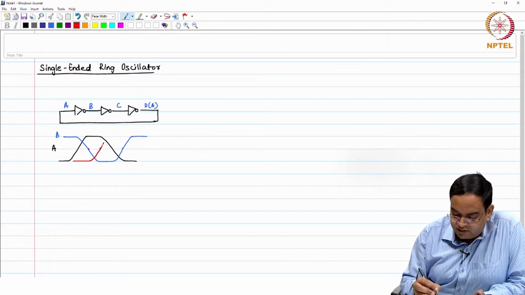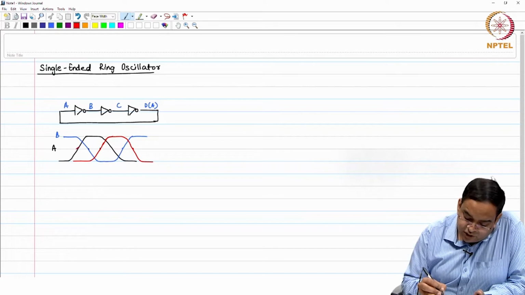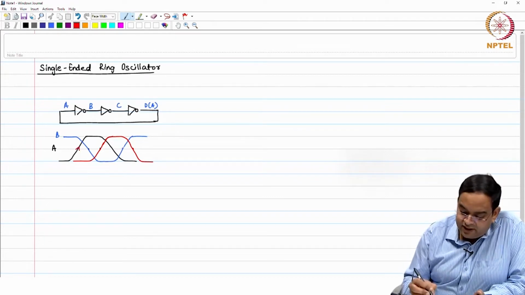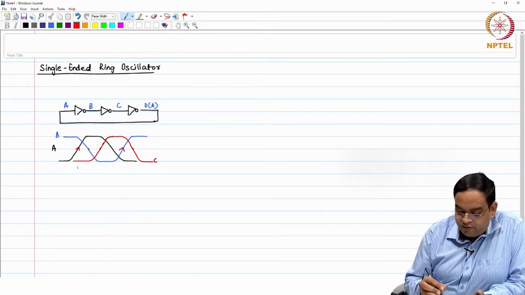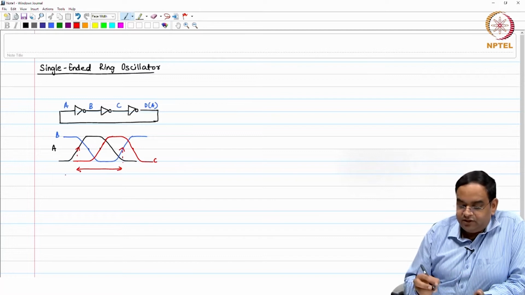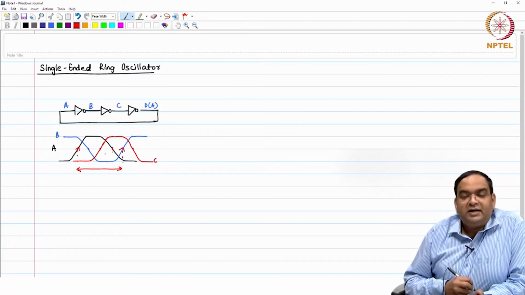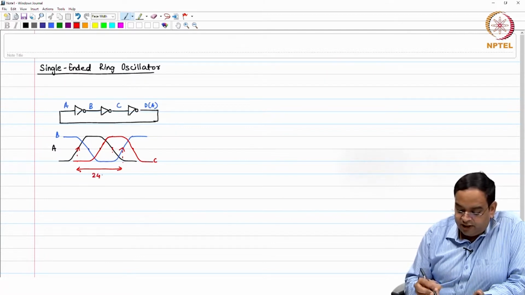There is an important thing to understand between these waveforms. If you look at the rising edge on A and rising edge on B, these two rising edges are separated by a phase which is equal to actually 240 degree.